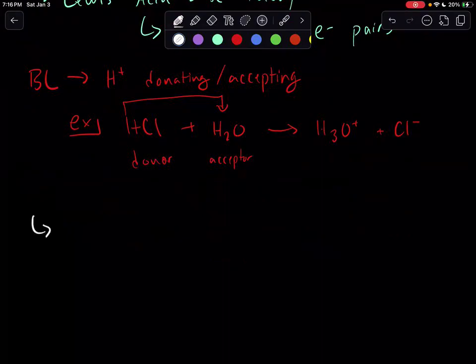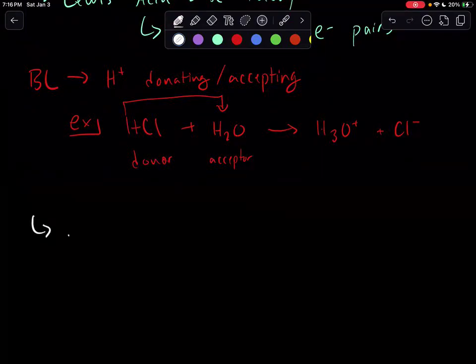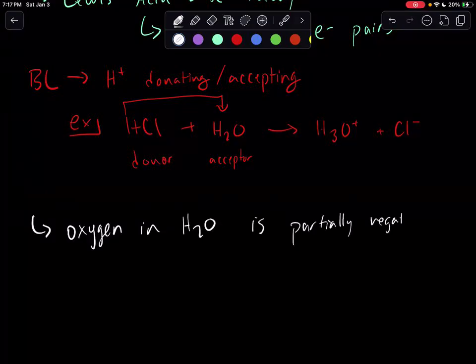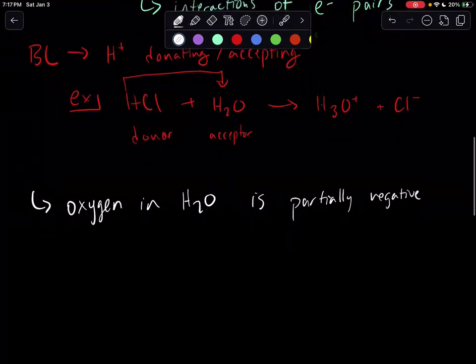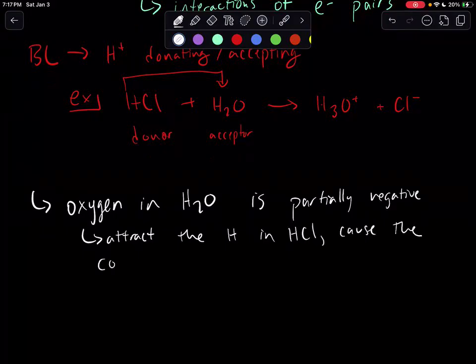So let's look at the actual electrons. So first we need to recognize that oxygen in water is partially negative. So we're looking at partial charges now, and this is going to attract the hydrogen in HCl, which will cause the covalent bond within HCl to break.